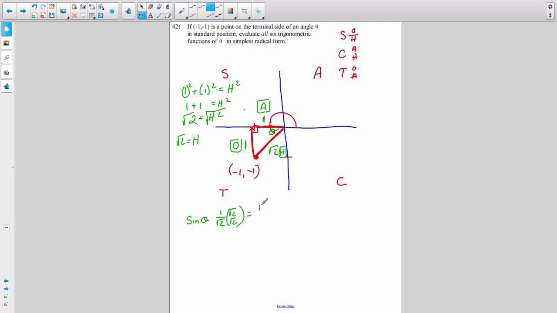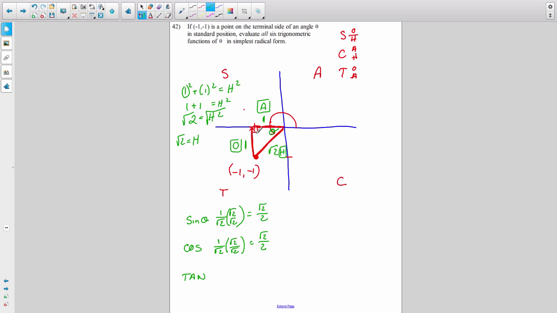Final answer, radical 2 over 2. Okay, what's my cos? And we're going to go back and check the signs later. Don't stress. Okay, cosine. Adjacent over hypotenuse. Same story. 1 over radical 2. Let's rationalize. Radical 2 over 2.